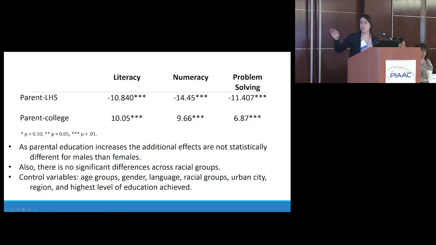And individuals with college-educated parents receive significantly higher scores than individuals with high school-educated parents. The control variables in these regressions are age groups, gender, language, racial groups, urban city region, and also highest level of education attained.